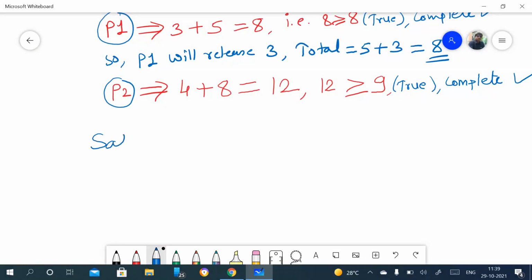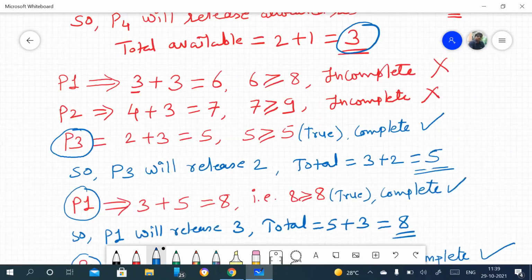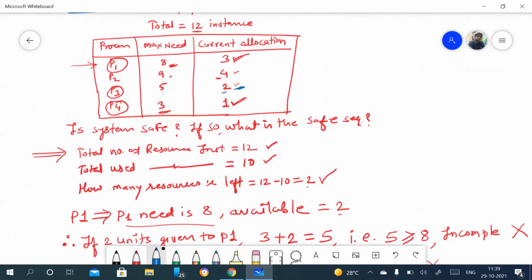Safe sequence. We can write here what the question asks: is the system safe?